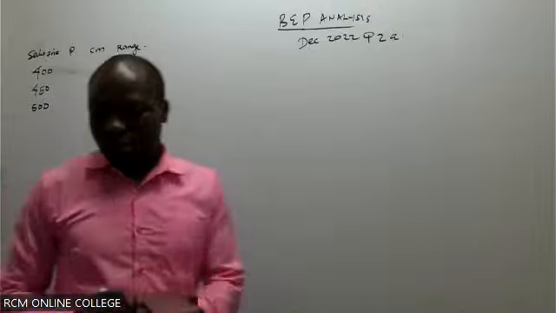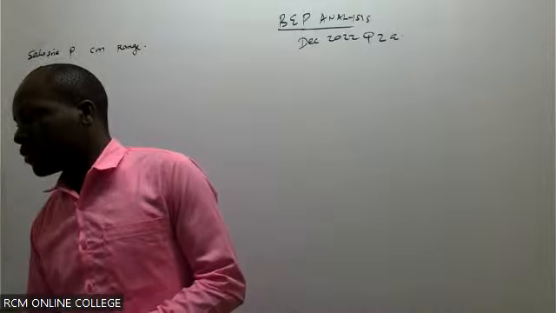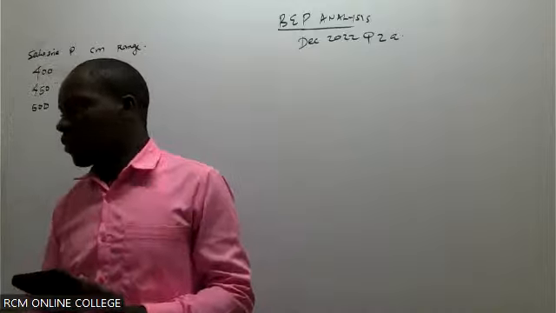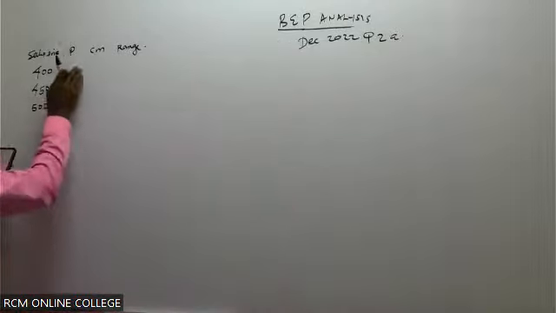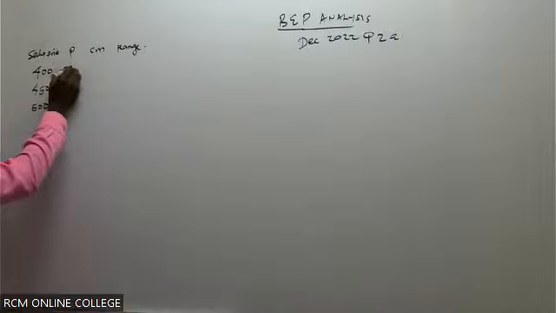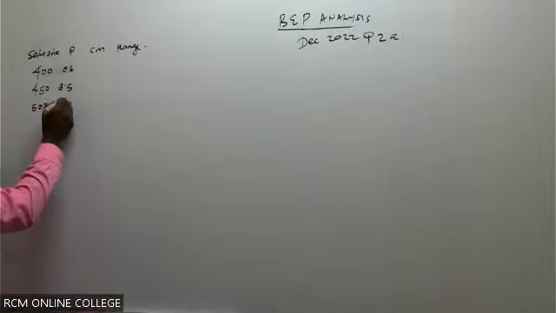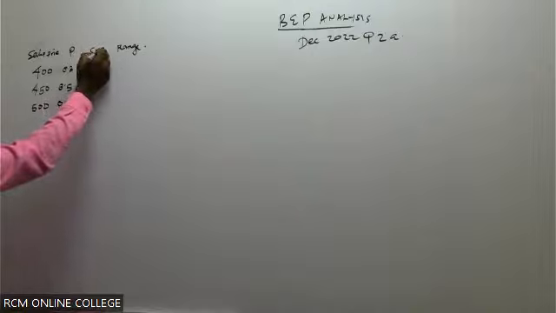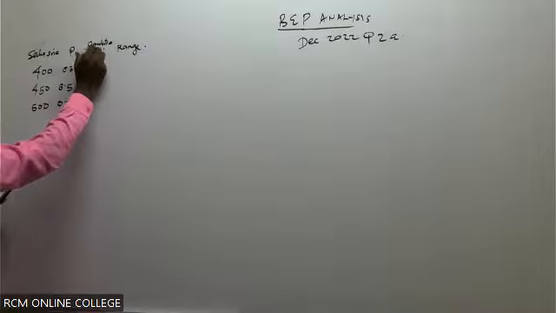So the probabilities here, we have 0.3, we have 0.5, we have 0.2. What about cumulative probability?